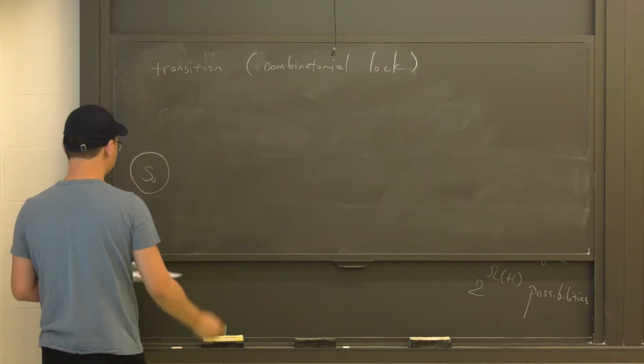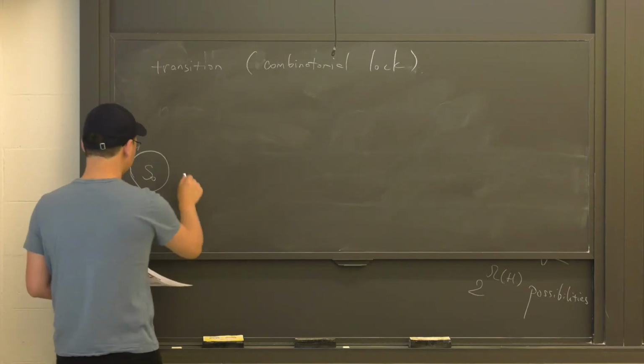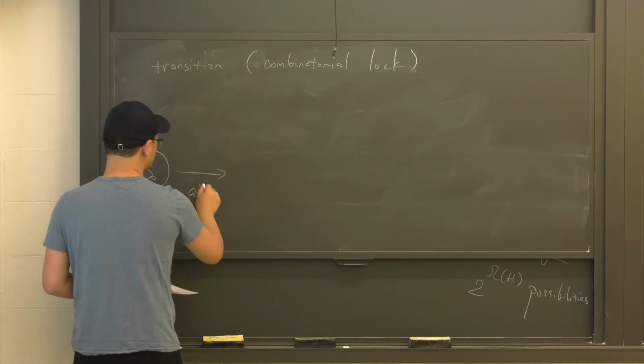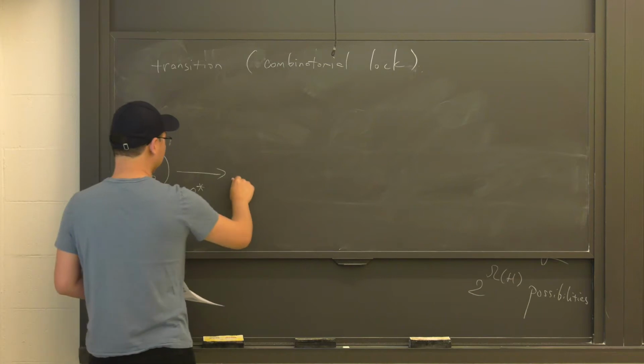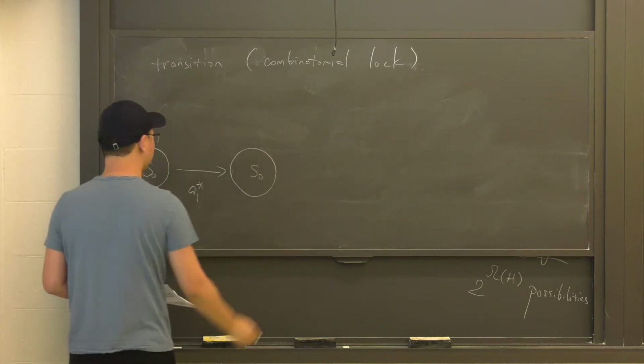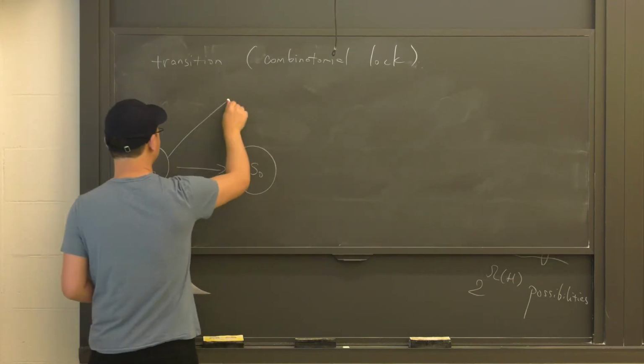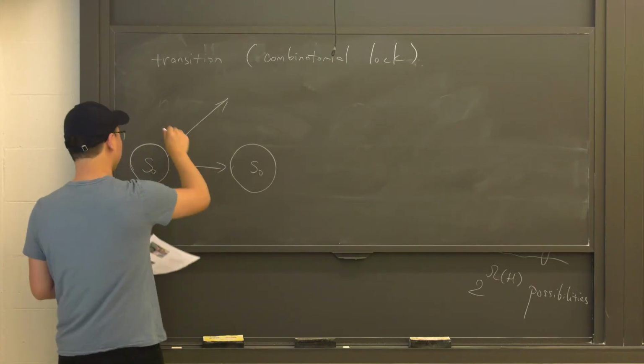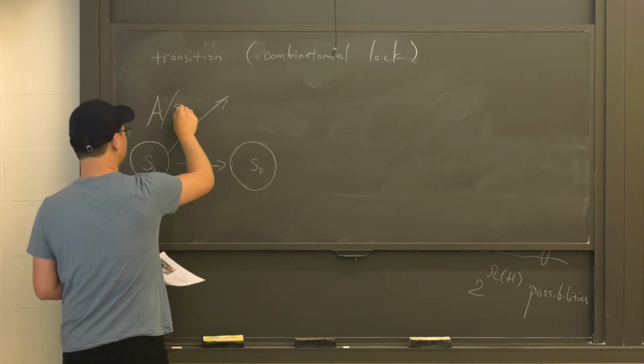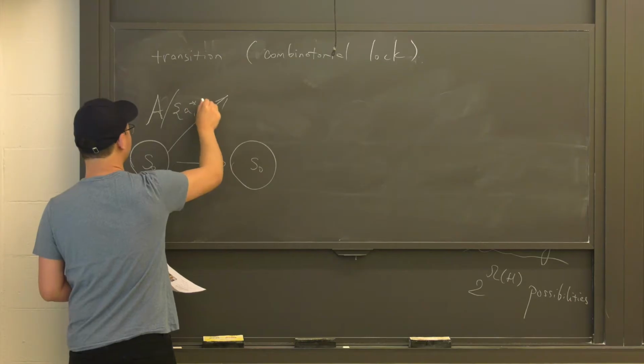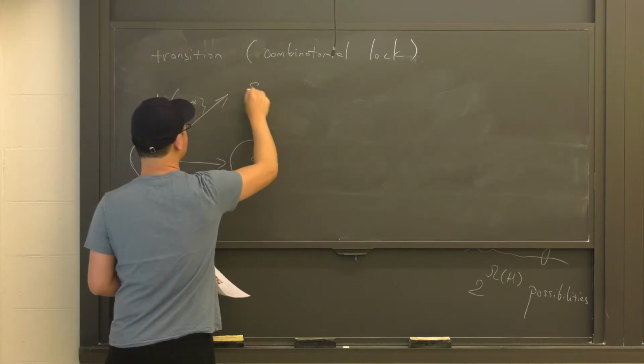Remember, the combinatorial lock is like a two-state MDP. Underlying, we start from some state S0, and we first have a special action A1 star, which leads again to S0. For whatever other actions in the action set, except this A1 star, we go to an absorbing state.